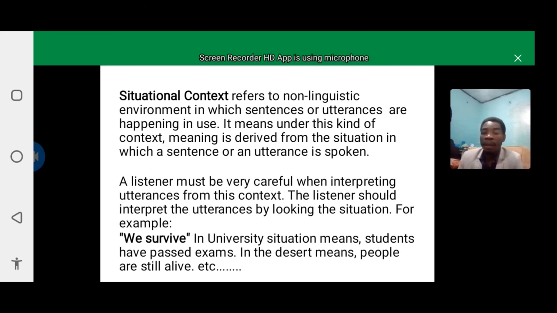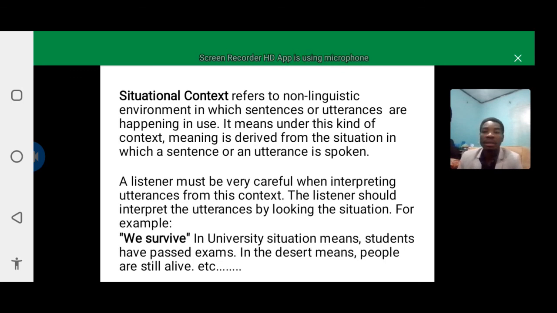So under this kind of context, a listener must be very careful when interpreting utterances. The listener should interpret the utterance by looking at the situation.